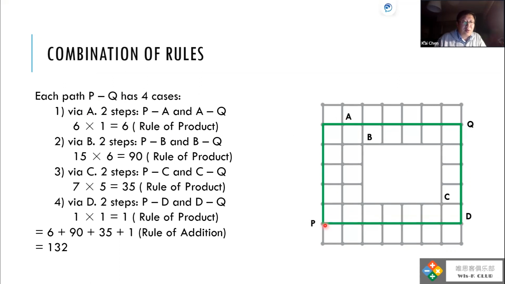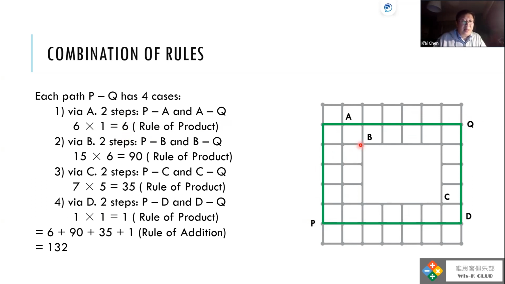For any path from P to A, we count. Okay, that was six passes: 1, 2, 3, 4, 5, 6. And from A to Q, they are in the same street, only 1 possibility. So we use the rule of product because we have an intermediate stop. So from P to A to Q, there are only 6 passes.